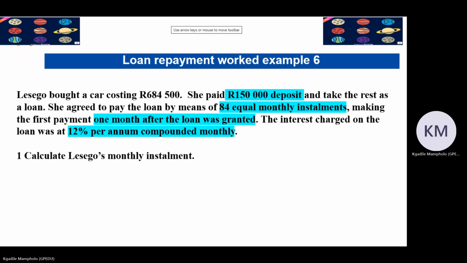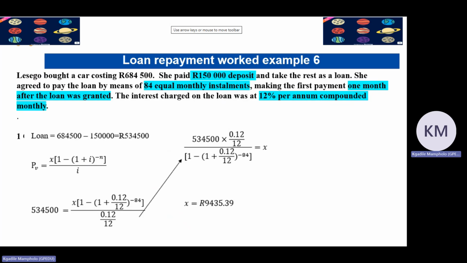Now, since she paid R150,000, the loan will not be R684,500. Remember, the cash payment, the immediate payment, should be subtracted from the price. So the P in this case would be the price of the car minus the deposit.